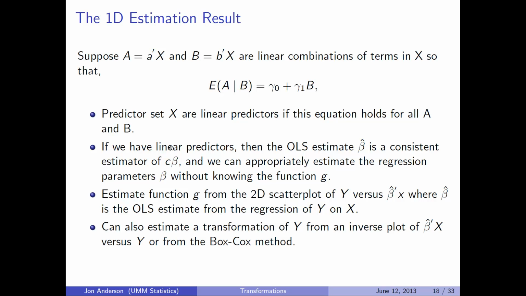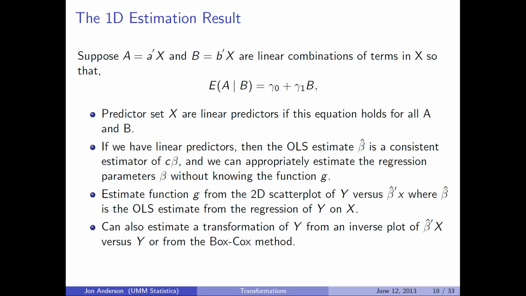Well, if we do have linear predictors X, then when we estimate a parameter vector beta to produce an estimate beta hat, it turns out that it will be a consistent and very good estimator, even if we don't know the exact way that the predictors relate and form the mean function that I talked about on the previous slide, the little function g.